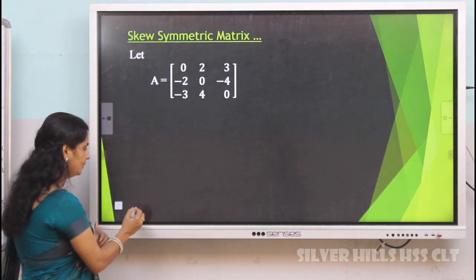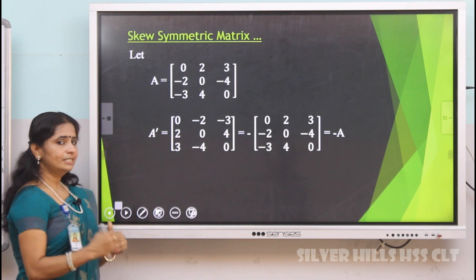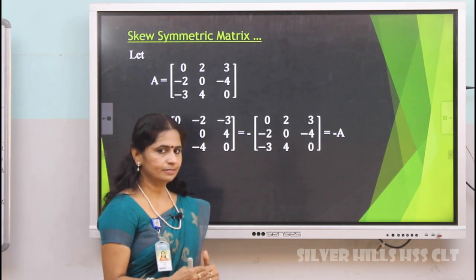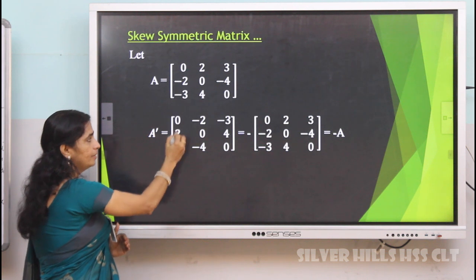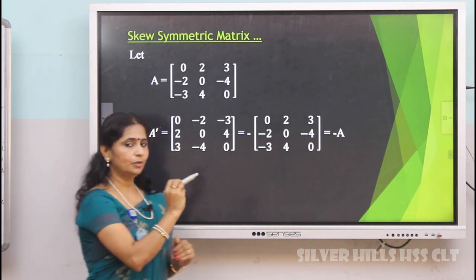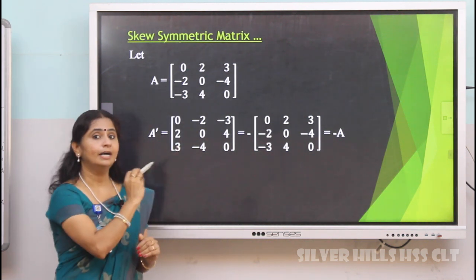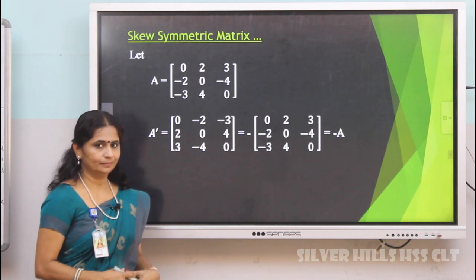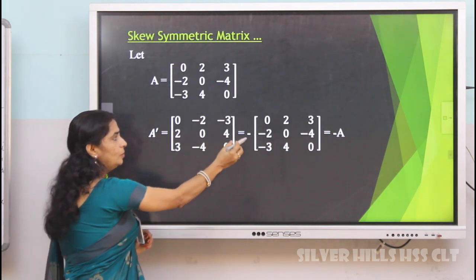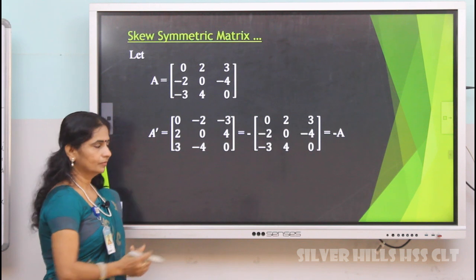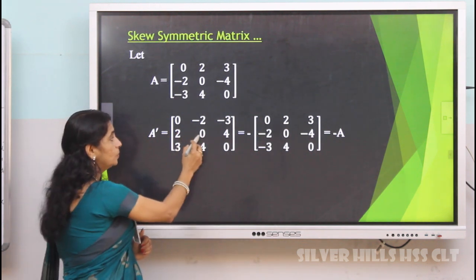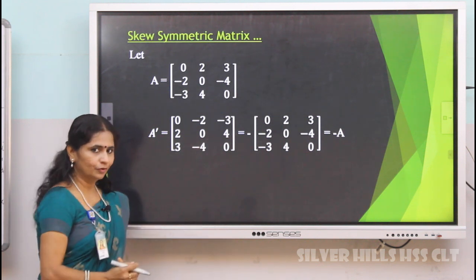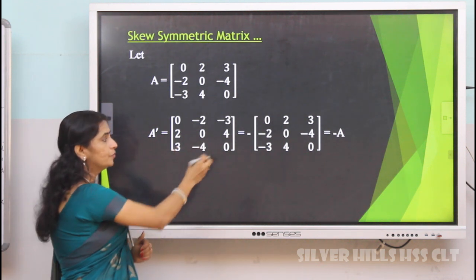So let us see. When I take the transpose of this matrix, I get A transpose, where the first row becomes the first column, the second row becomes the second column, and the third row becomes the third column. Now we'll take the minus sign out. What happens? 0, 2, 3, 2, minus 2, 0, minus 4, minus 3, 4, 0.